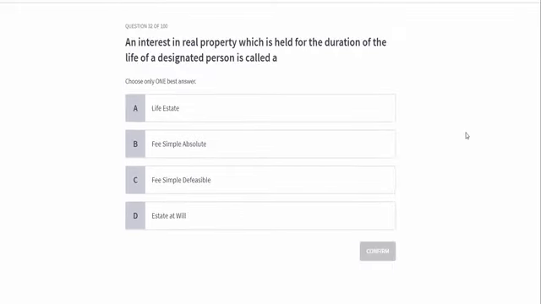An interest in real property which is held for the duration of a life, or of the life of a designated person, is called what? So it's A, life estate, B, fee simple absolute, C, fee simple defeasible, or D, estate at will.